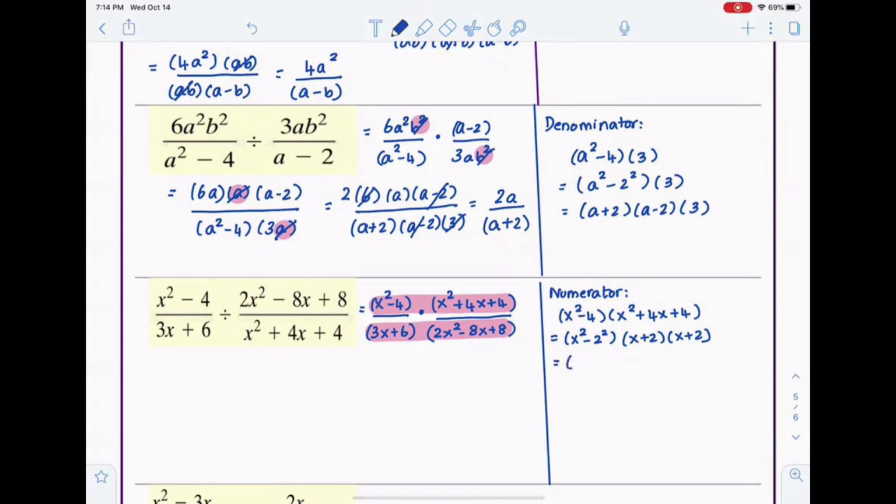So I could write it as x plus 2 times x minus 2 multiplied by x plus 2 times x plus 2. I am going to keep it as is for the time being because there might be a possibility that I can get rid of some of the factors with the denominator terms. So we'll just move on to the denominator and see what happens.